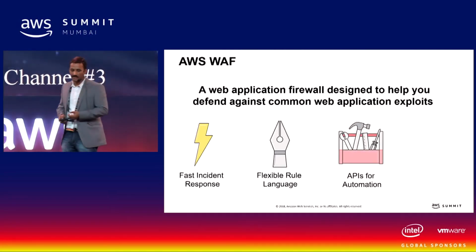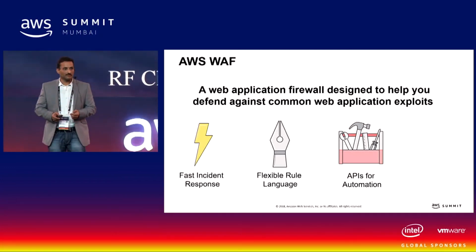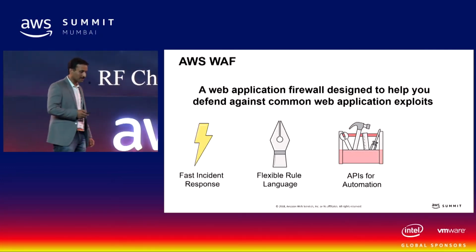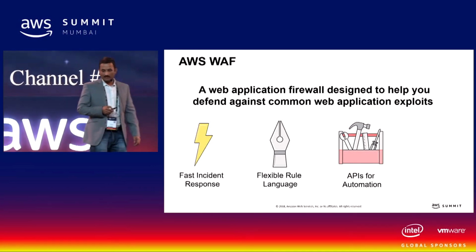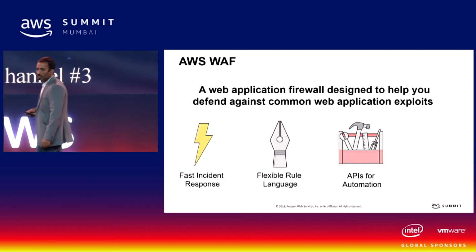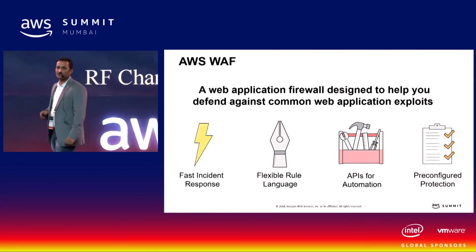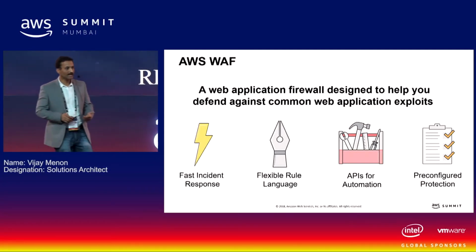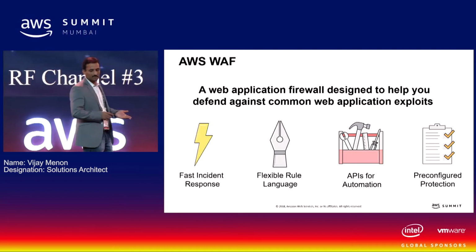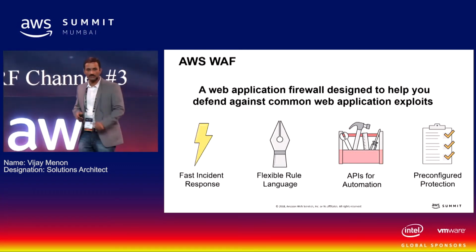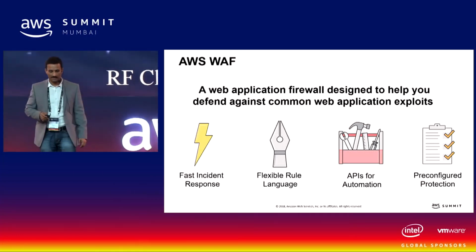You can use those, which are published by many commercial vendors out there. And the biggest advantage, in my view, is the API automation, right? You have a lot of APIs which you can use to automate your response. And along with our ISV partners, we also published some pre-configured protection rules which you can just download and apply to your WAF, right?